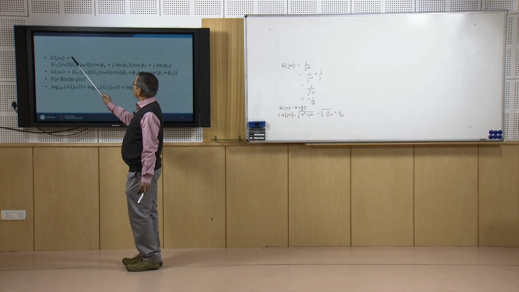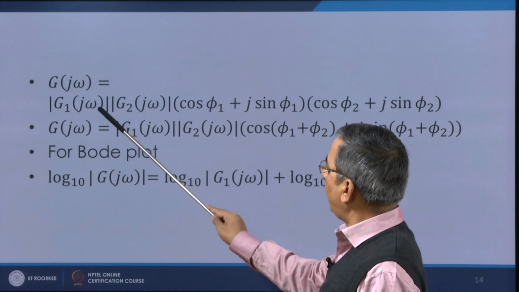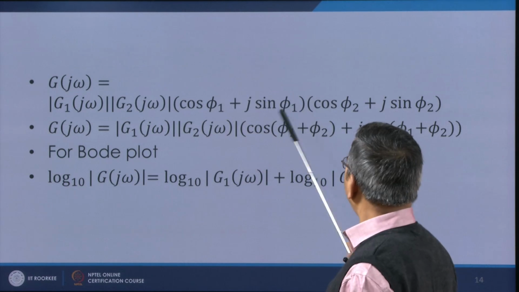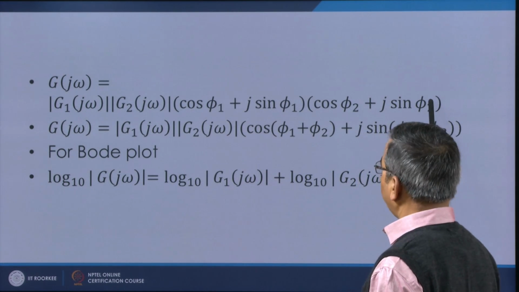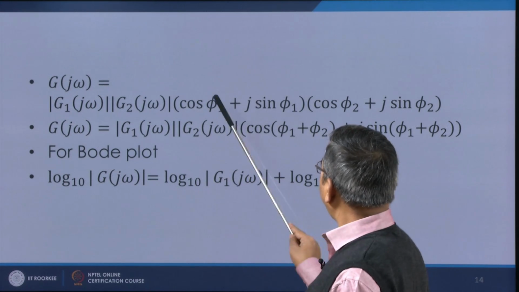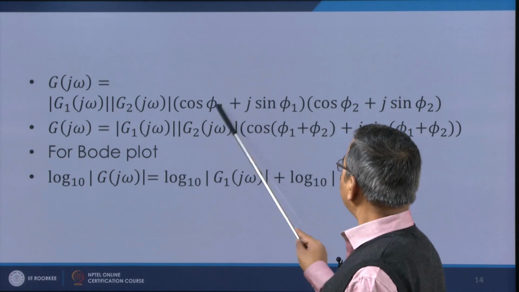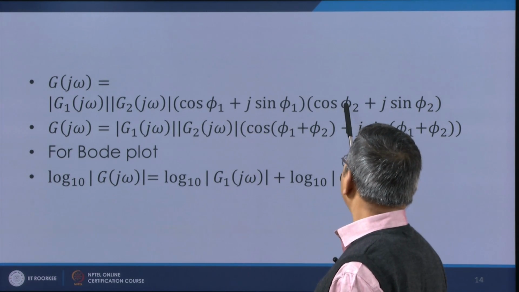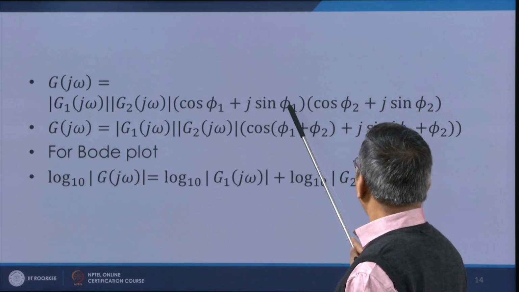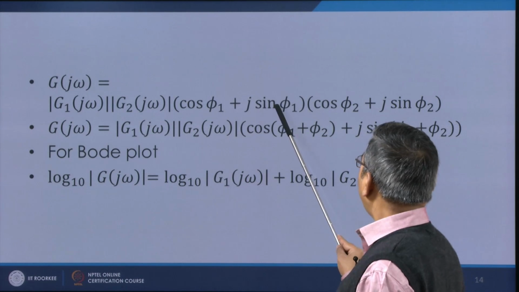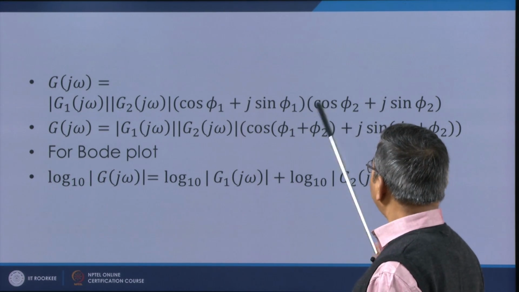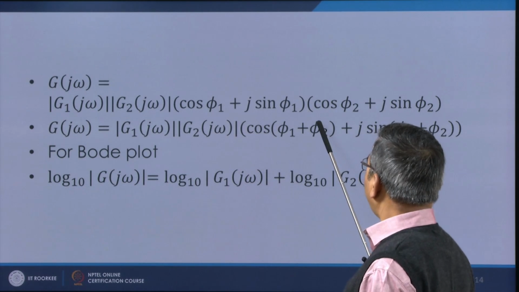So, this G(j omega) is this one: the two magnitudes we can keep together, and here are cos phi 1 plus j sin phi 1 into cos phi 2 plus j sin phi 2. Now if I split up this bracket, I will get cos phi 1 into cos phi 2, and when I multiply the j terms I will have minus sin phi 1 sin phi 2, which will be basically cos of phi 1 plus phi 2.